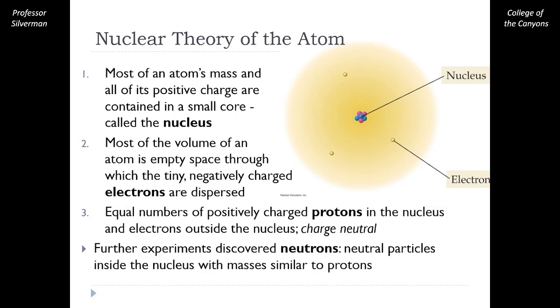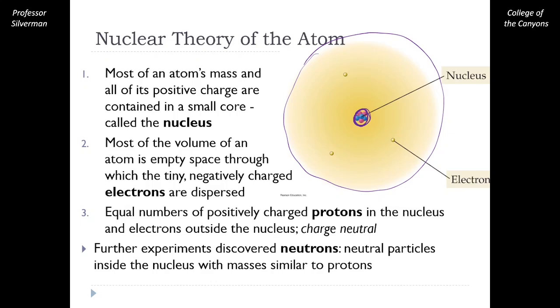Our better theory of the model is called the nuclear theory of our atom. Here is our atom. Instead of being shaped like a muffin or a plum pudding, this atom is almost entirely empty space with just a teeny tiny area in the center that contains our positive charge. Our positive charge is not like the doughy part of our muffin.